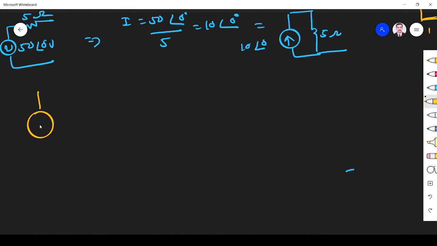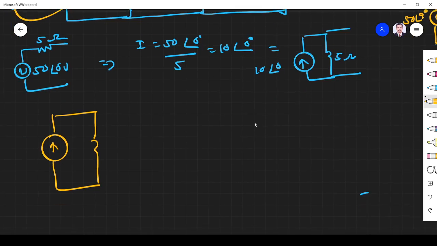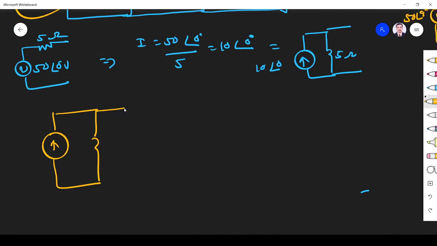Current source in parallel with resistor, right? Then this area will be as it is, and this will be replaced by the new source. This area we don't change.